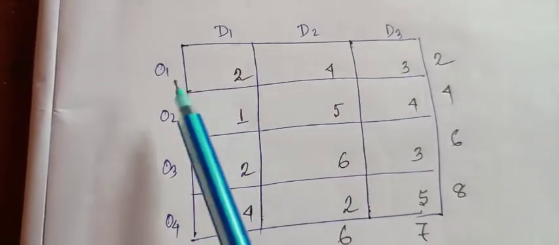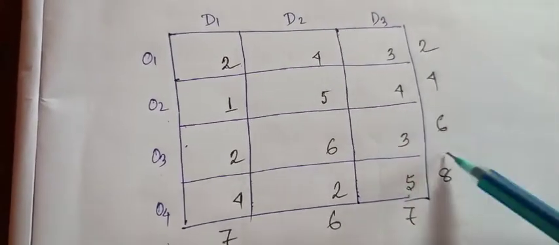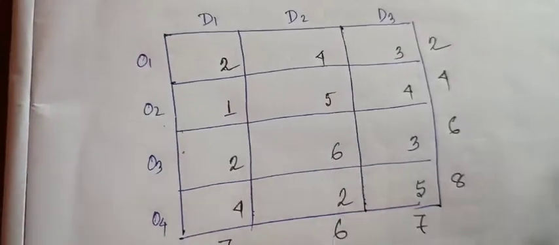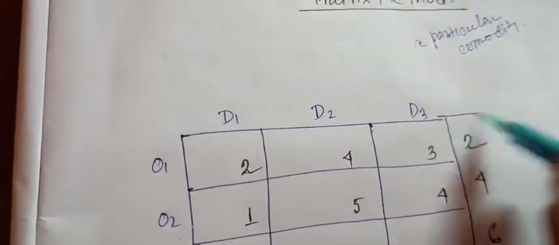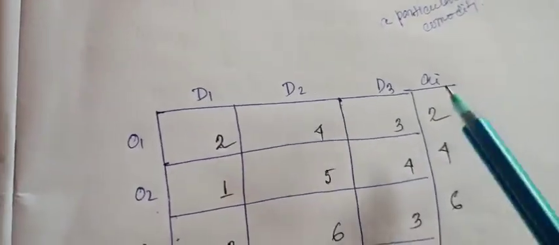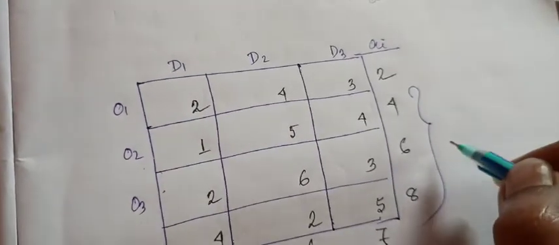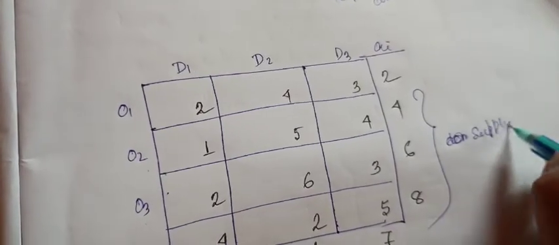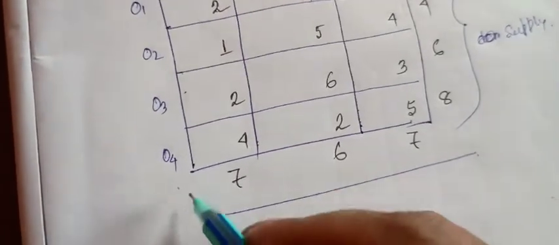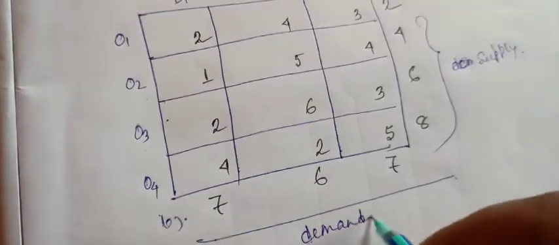For each row there is an amount written outside the matrix, defined by AI, and this is known as the supply. And 7, 6, 7, defined by BJ, is known as the demand.